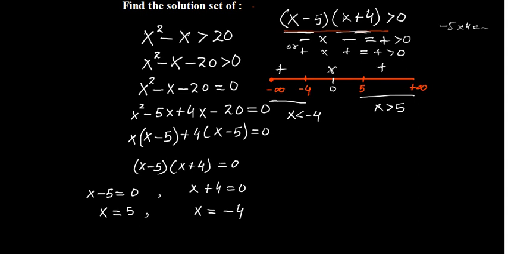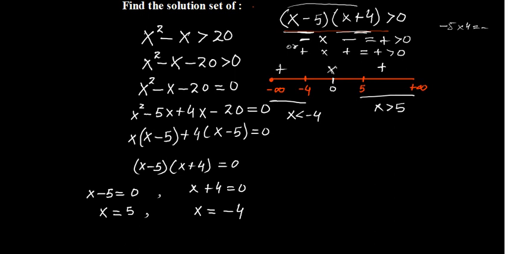You can pick any value from minus infinity to minus 4, and that will give positive. You can pick any value of x from 5 to infinity, and that will also be positive; the result will be greater than 0. So x should always be less than minus 4, or x should always be greater than 5. Now you can pick any value of x that is less than minus 4 and replace it in these factors, and you will get the result positive.